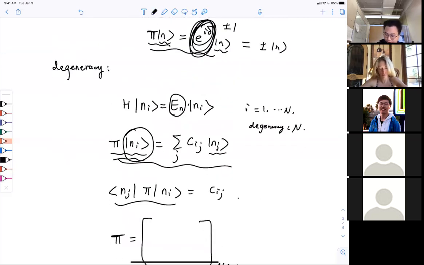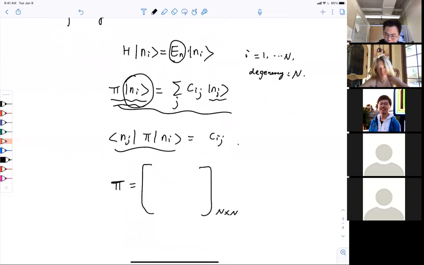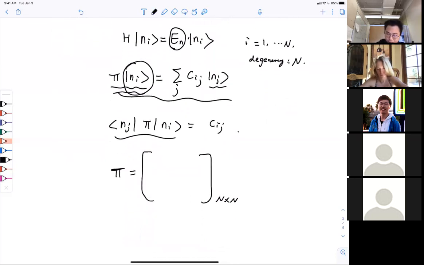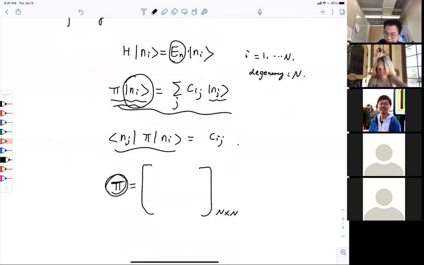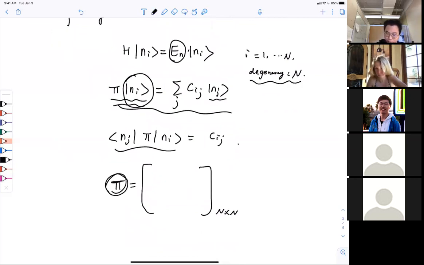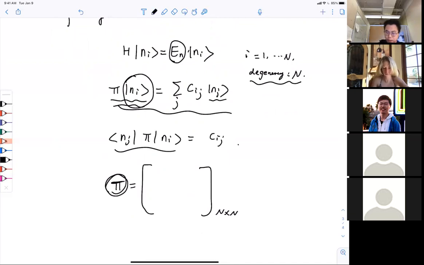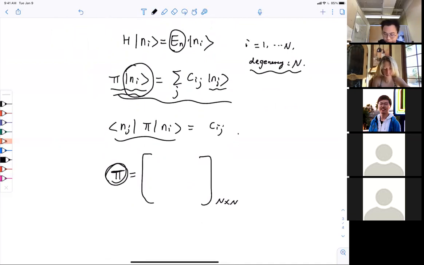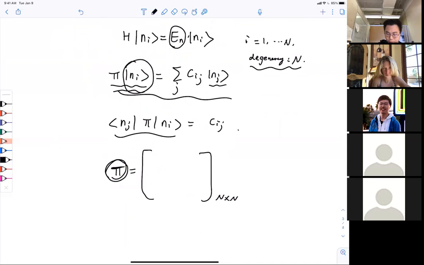It's non-degenerate. But the point is, by diagonalizing this matrix in this degenerate space, we can always find a basis such that the basis states are odd or even parity, because we can always diagonalize this operator pi in this subspace.